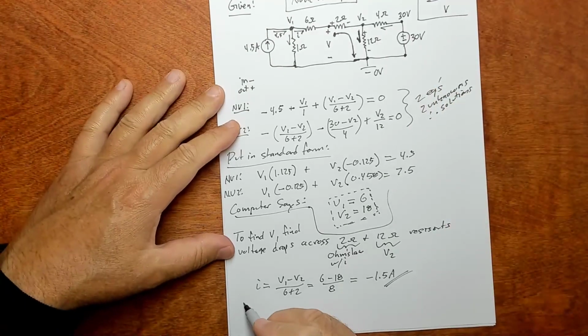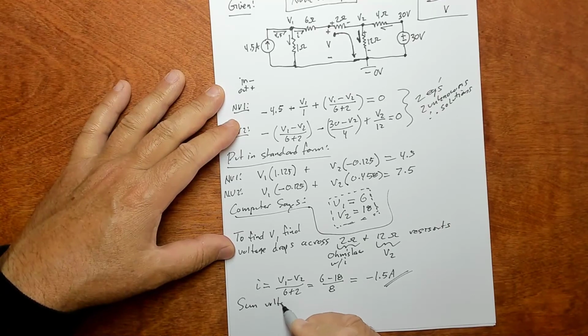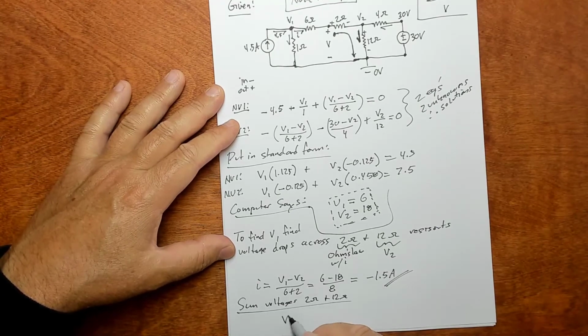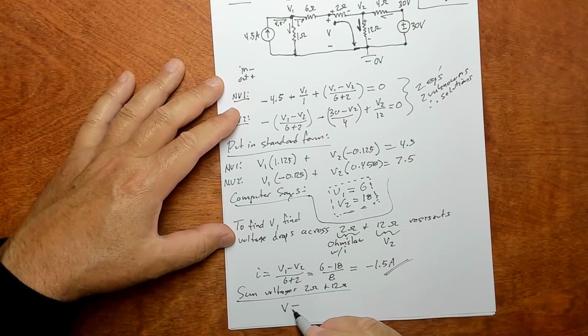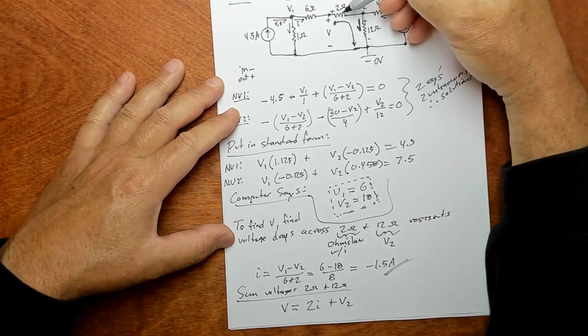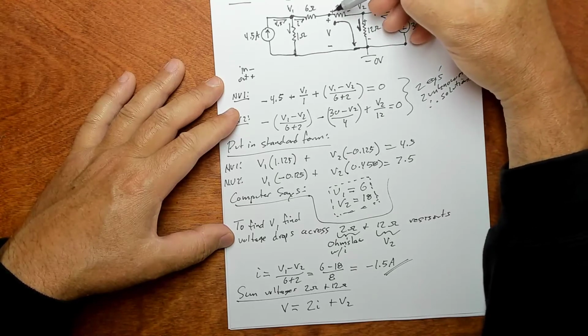So now we can sum the voltages from the 2 ohm and the 12 ohm. And you're going to get V is the sum of those two voltages. So V is 2I plus V2, right? It's using the signs that I've got here, the plus minus.